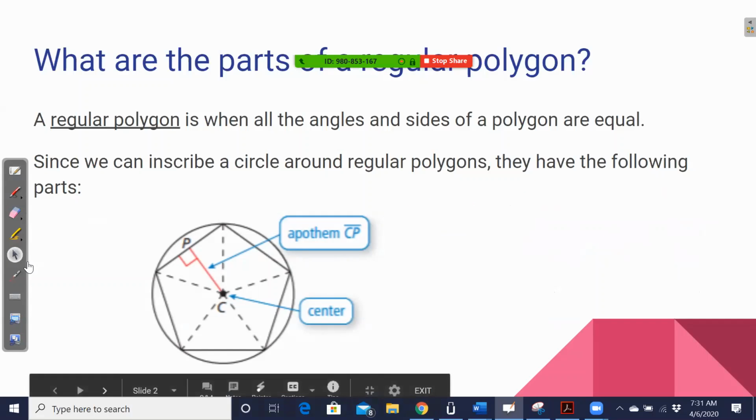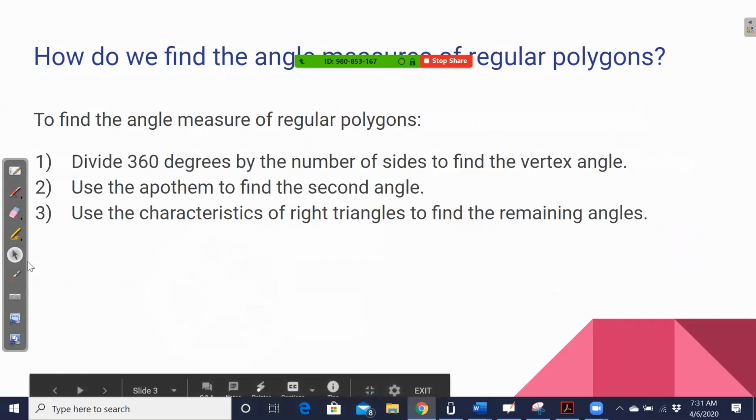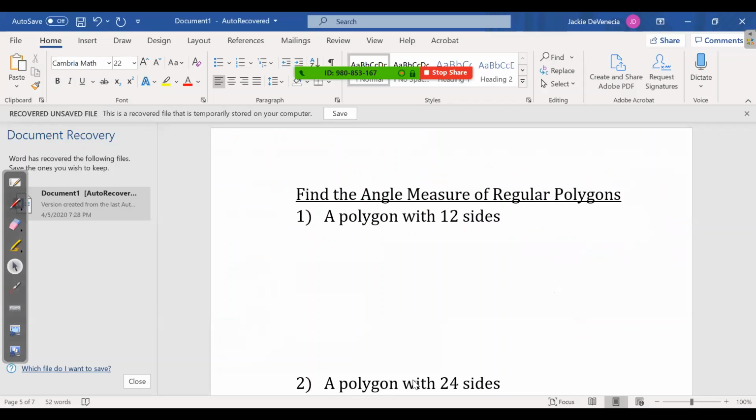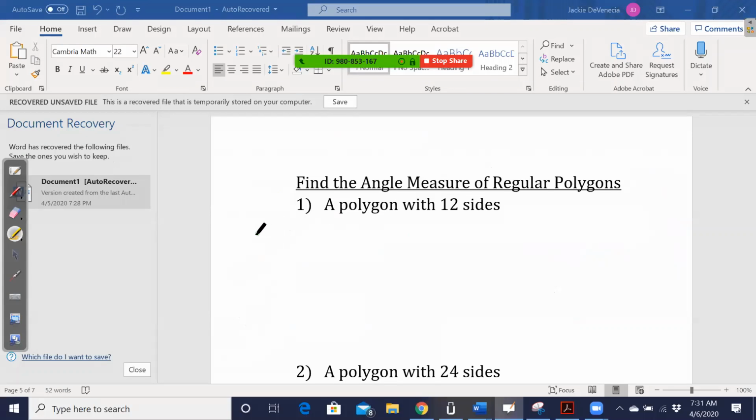Right. So let's see an example of this. Let's look right over here. Let's say they want us to find the angle measure of a polygon with 12 sides. So the way we're going to do that is we're going to divide 360 by the number of sides.